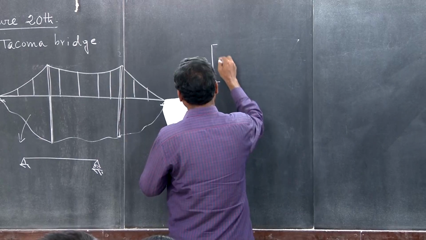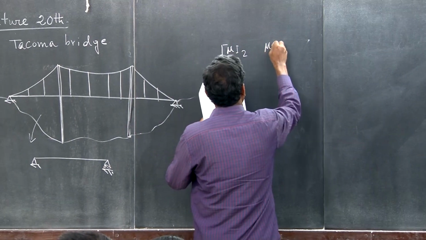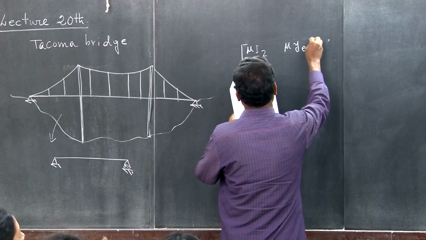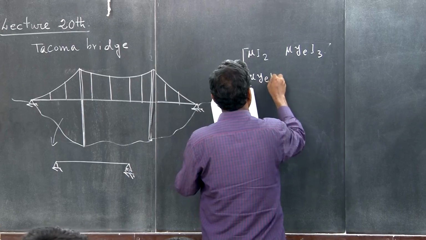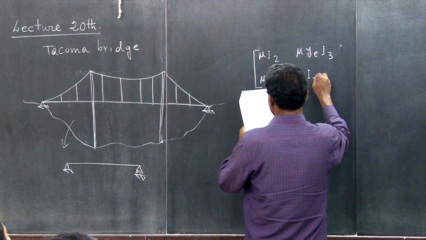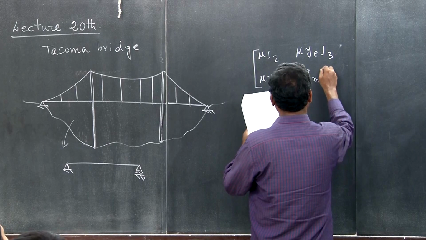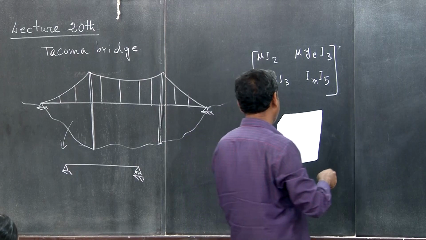If you can recall, it will be mu I2, mu y, I3 mu, y, which I have defined, and Im, I5. Please note that Im is the mass moment of inertia.